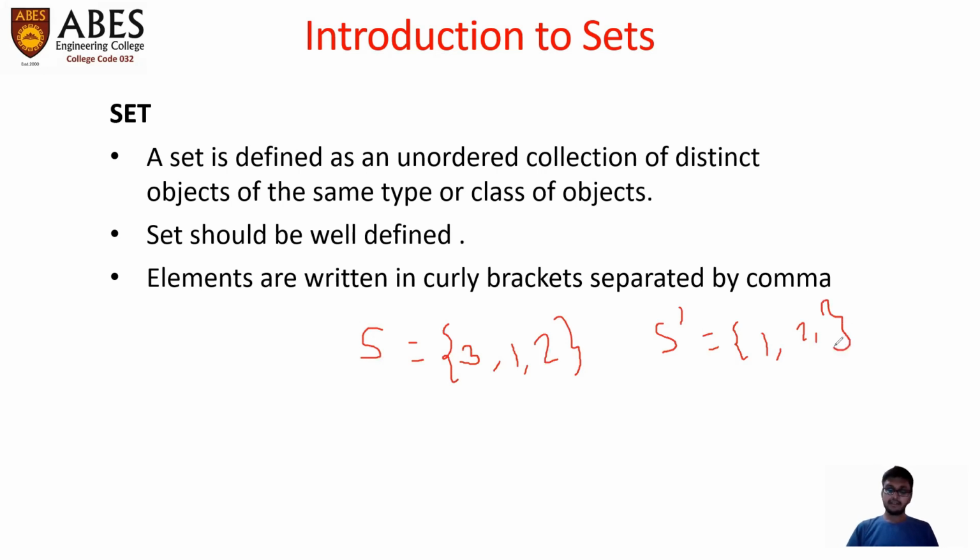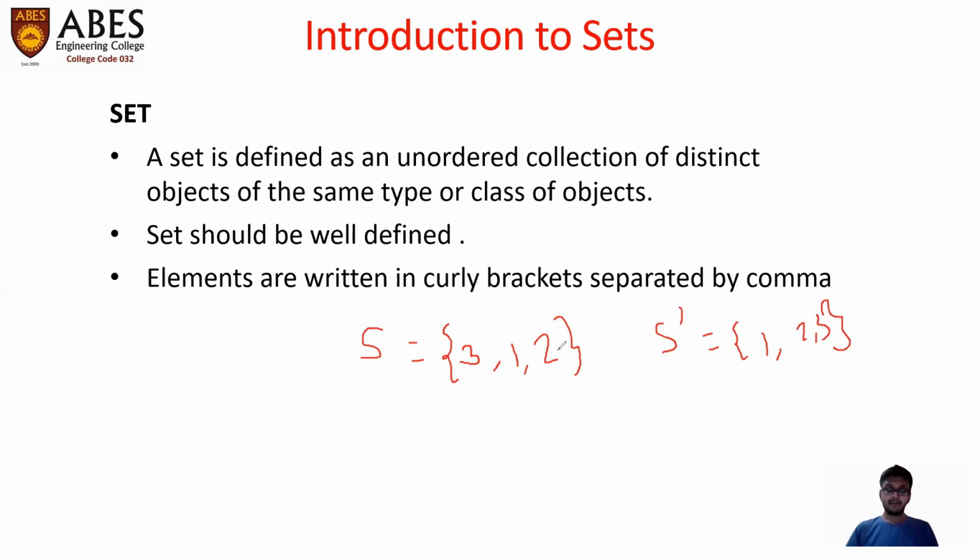If we talk about the first property, unordered collection, it means the sequence of elements doesn't matter. Here in set S there are three elements, and in set S dash there are three elements. The elements are 1, 2, 3. In set S the sequence is 3, 1, 2, and in S dash the sequence is 1, 2, 3. Can we say that both S and S dash are the same set?